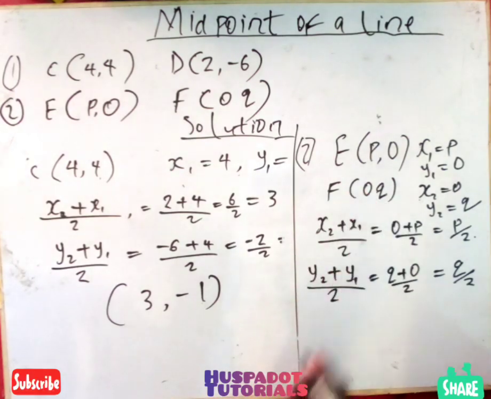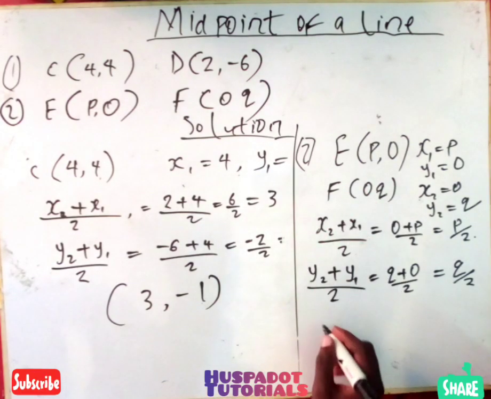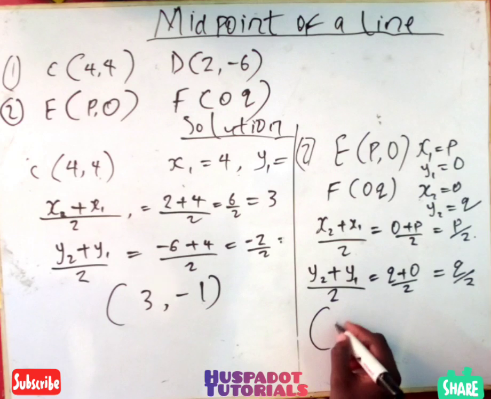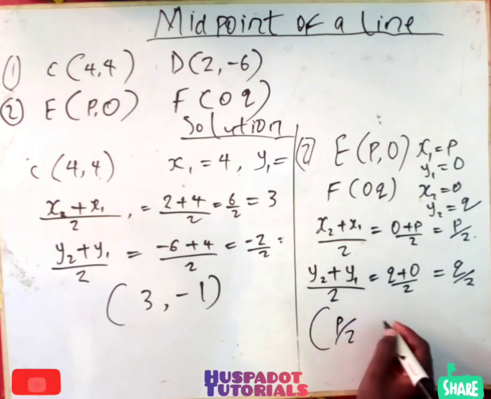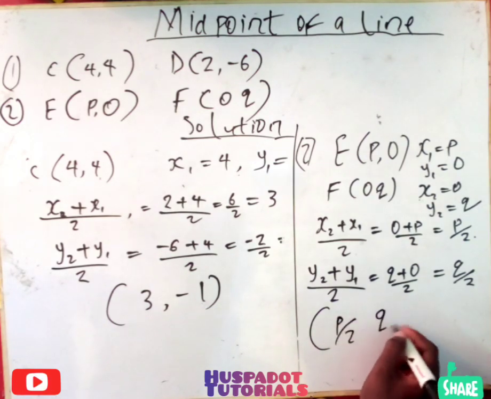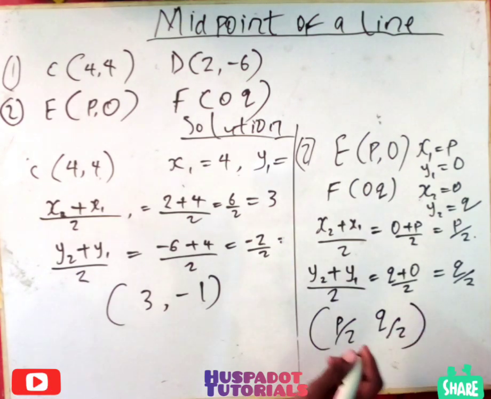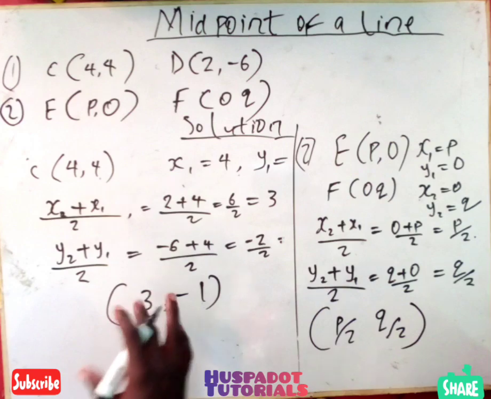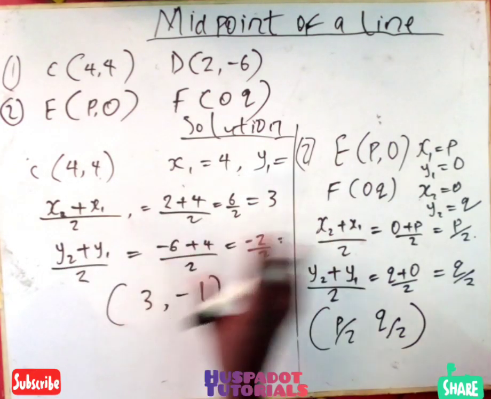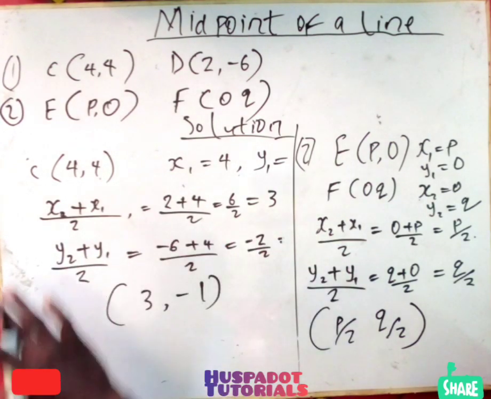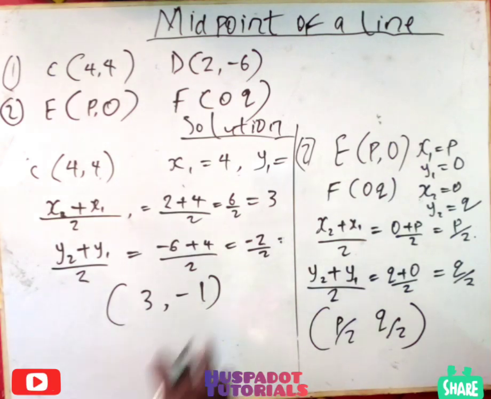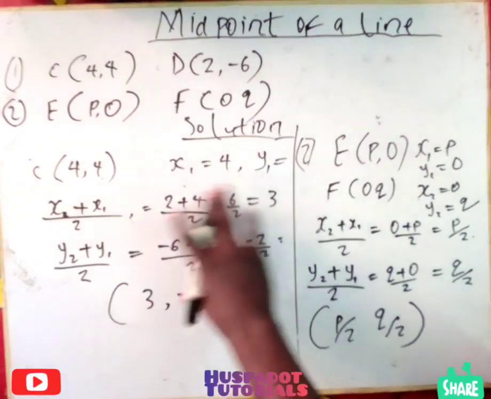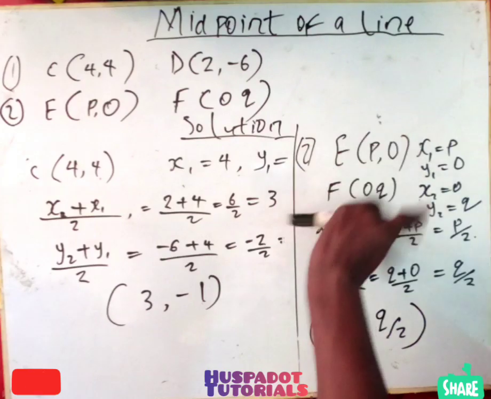So we have the coordinate of the midpoint of this line to be p over 2 and q over 2. I think the examples we went through now should give you a very good understanding of how to find the midpoint of a line segment.